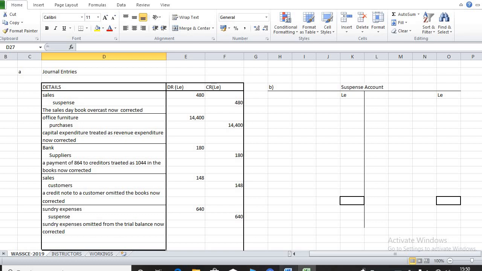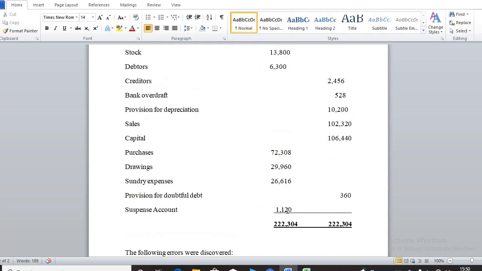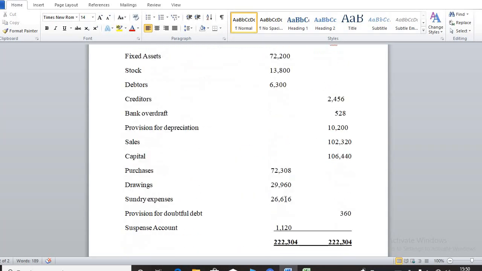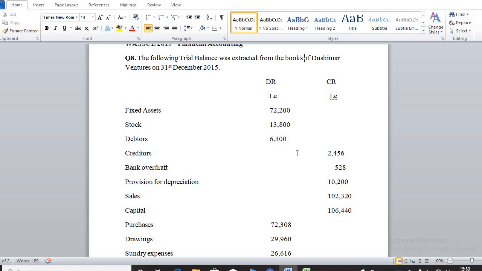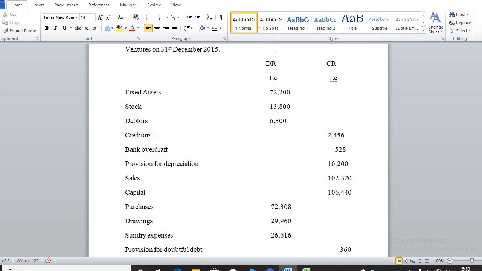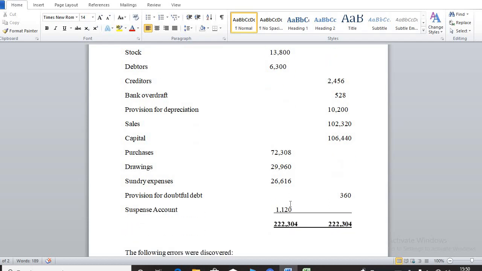In drafting a suspense account, you go back to the trial balance and look at where the difference or shortage came about. If you look at the trial balance, you could see that the shortage appeared at the debit side.